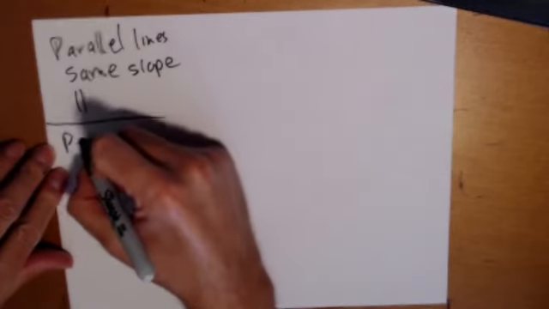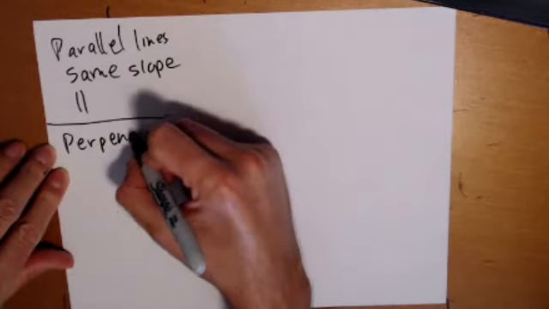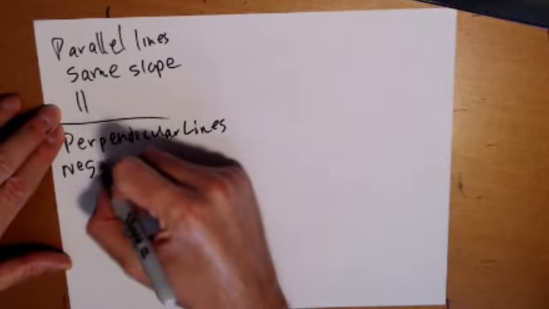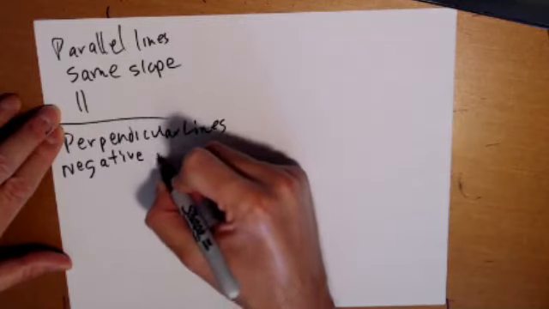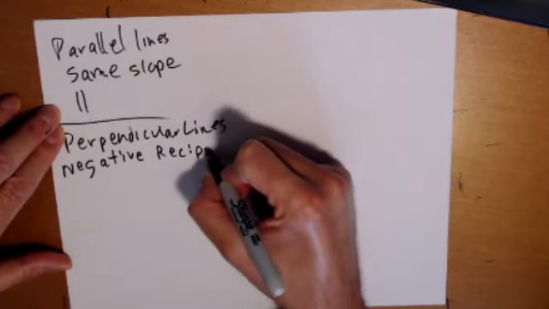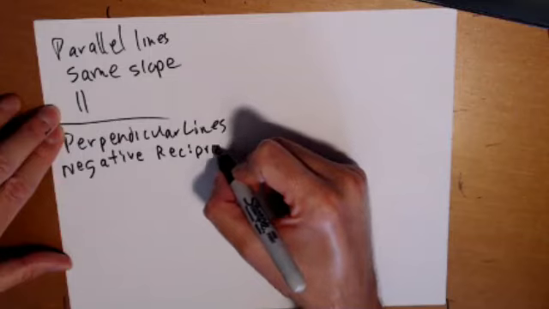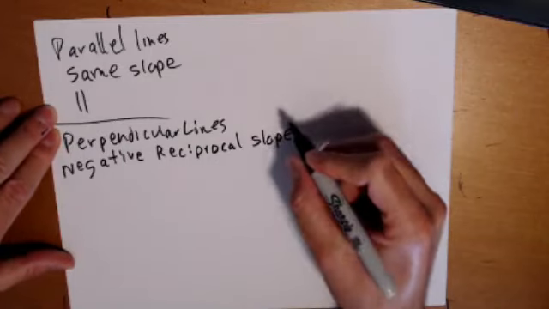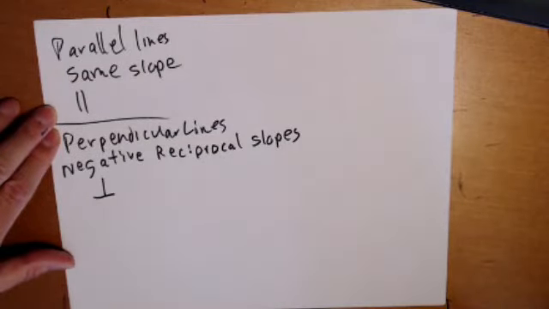Perpendicular lines have negative reciprocal slopes, and that's the symbol for perpendicular.